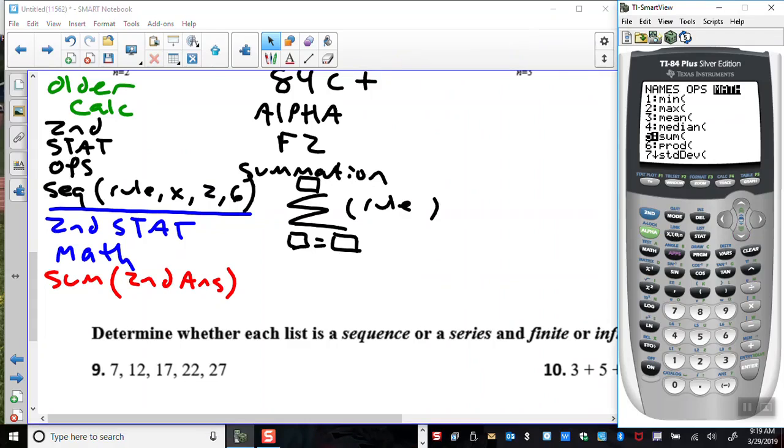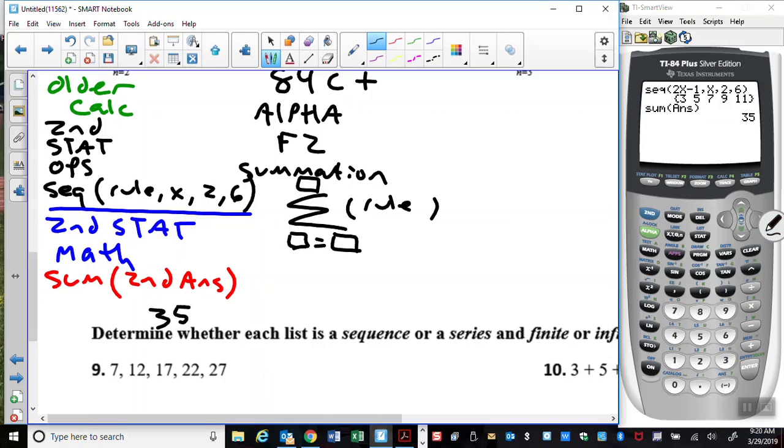Then you press second, answer, enter, and it gives you the sum of that sequence. So the series is equal to 35, or S sub n equals 35.